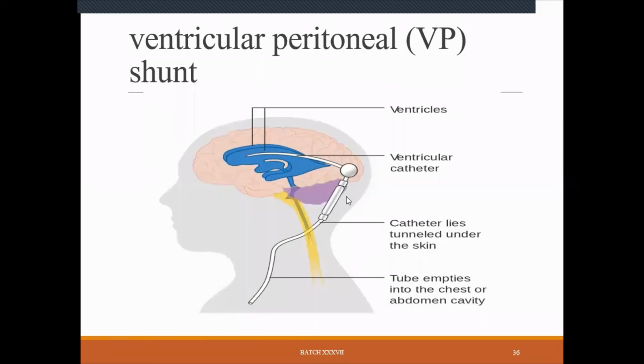So sometimes you can see the tube. You can feel the tube. You can see the elevation of the skin, and then it ends. The tube empties into the chest or abdominal cavity, right? And there the fluid will be absorbed.